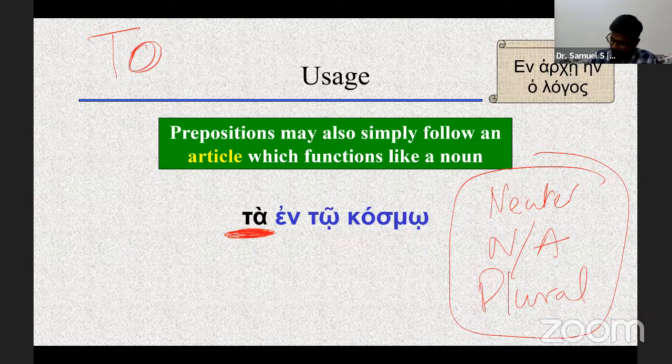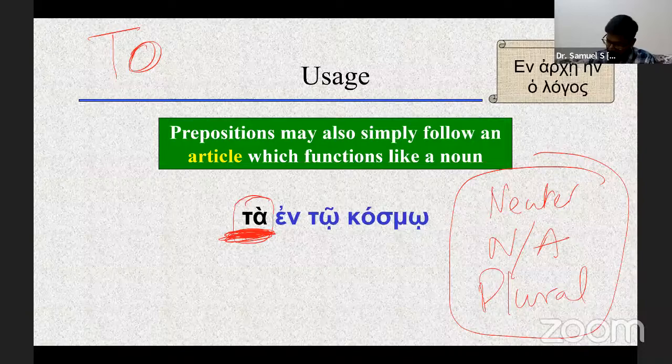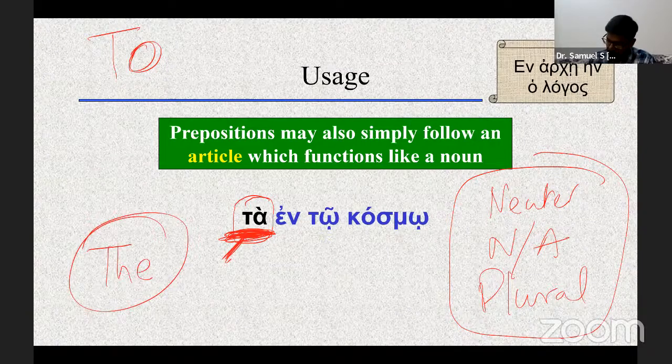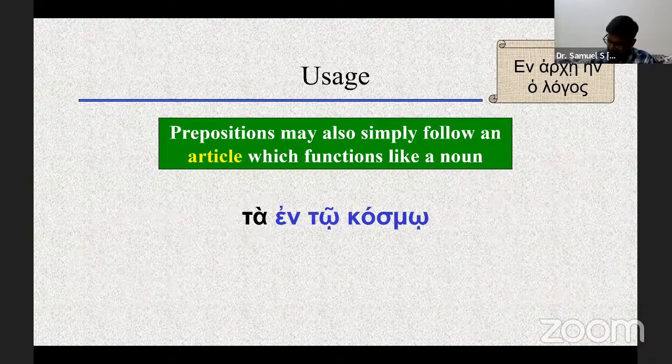Ta. So usually when we see ta, it's just the, right? But ta is so versatile. This is functioning like a noun. The things, right? It's just the things. Why? Because it's plural.